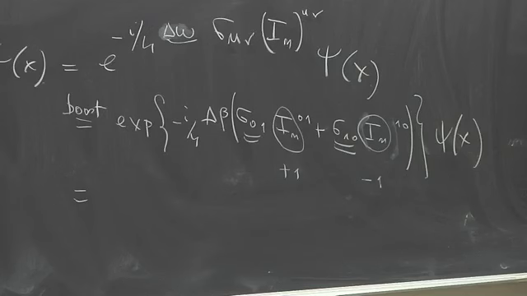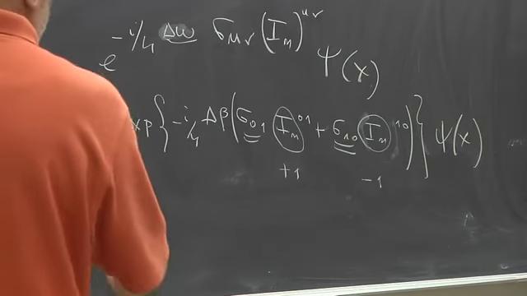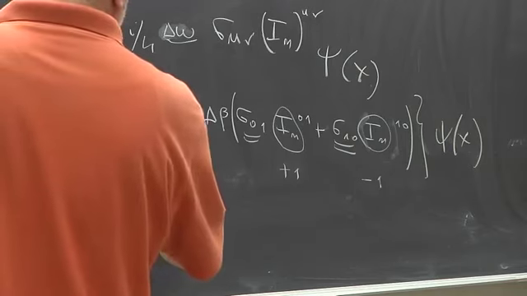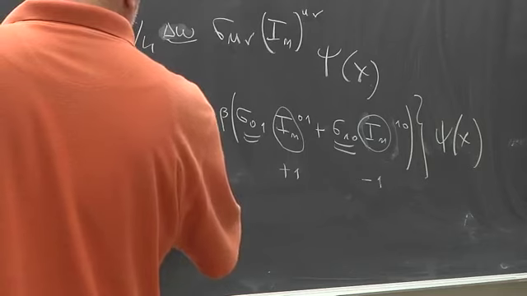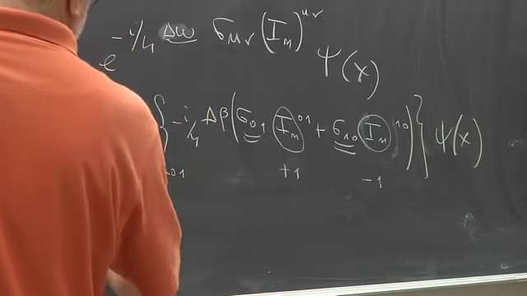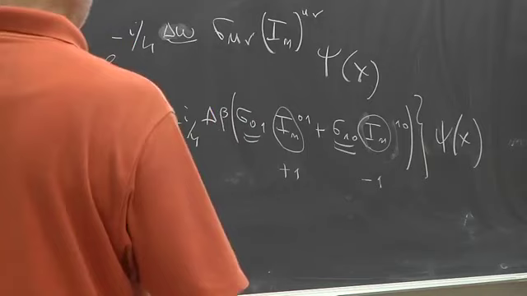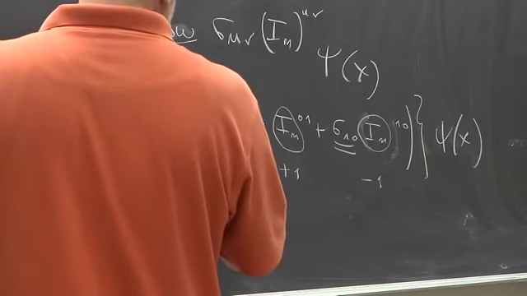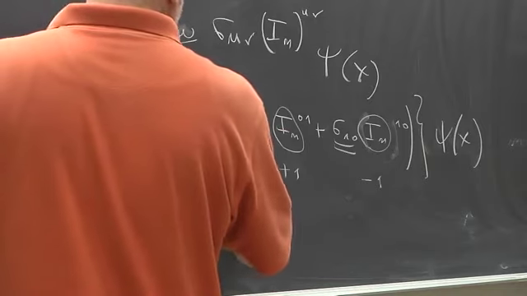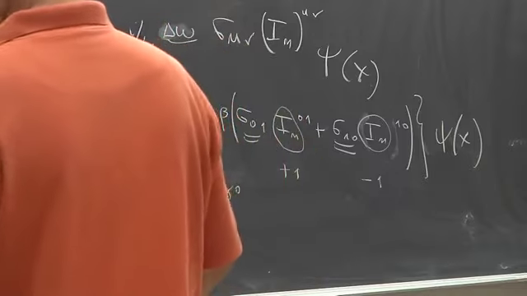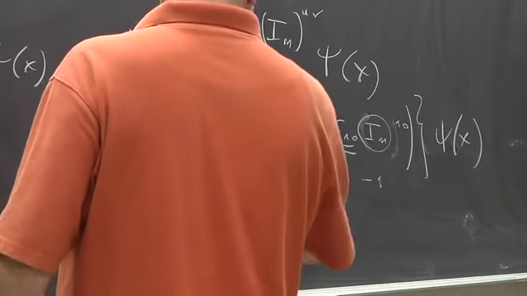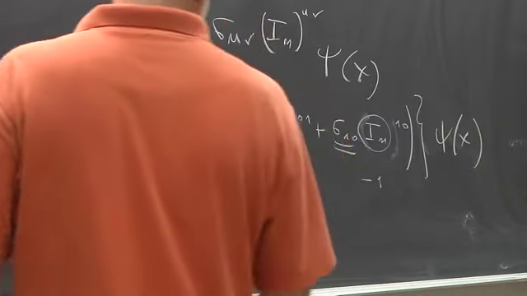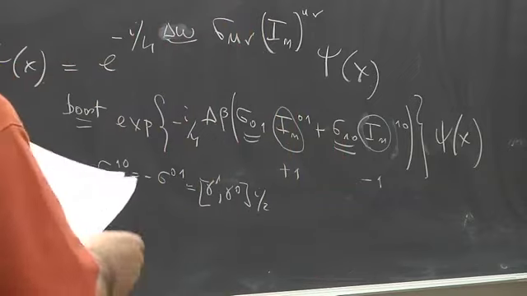So sigma 0 1 is gamma 0 gamma 1, and sigma 0 1 is equal to minus sigma 1 0. We use the fact that this is gamma 1 gamma 0, with i over 2.